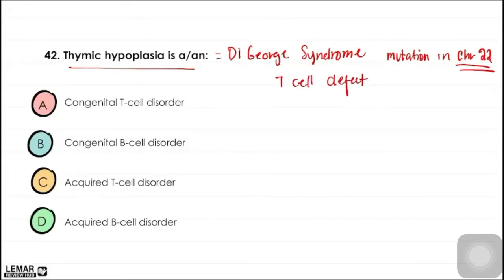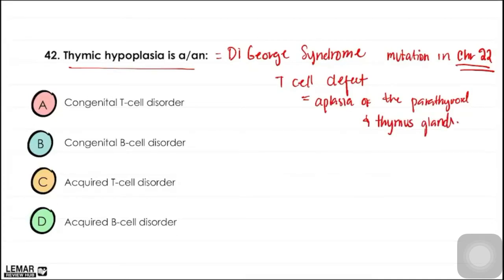It is a congenital anomaly producing faulty embryogenesis of the endodermal derivation of the third and fourth pharyngeal pouches, resulting in aplasia of the parathyroid and thymus gland. So this is seen in thymic hypoplasia. So this is a congenital T cell disorder.